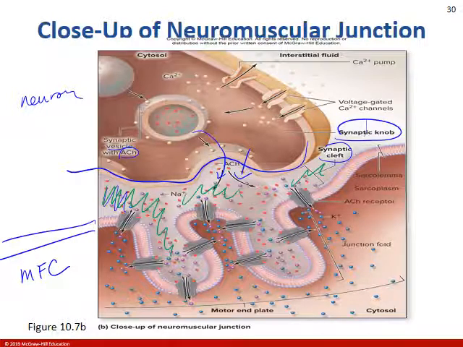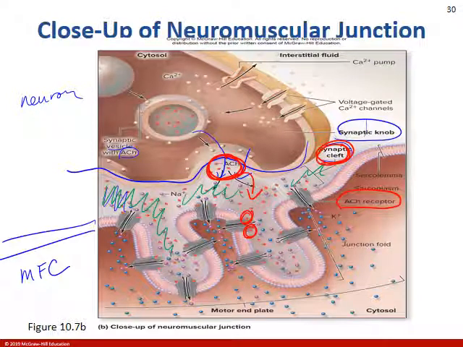So do we see how the acetylcholine is dropped into the synaptic cleft? Then the acetylcholine is going to come over here and bind to the acetylcholine receptor. The acetylcholine receptor is embedded in the sarcomere of the muscle fiber cell.